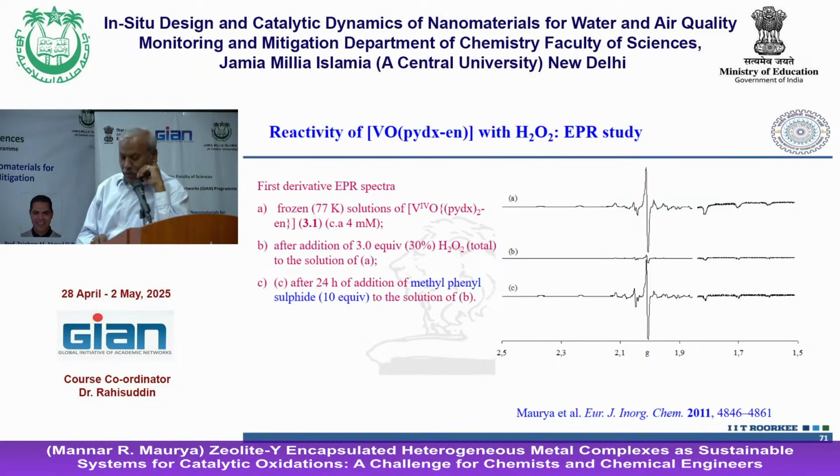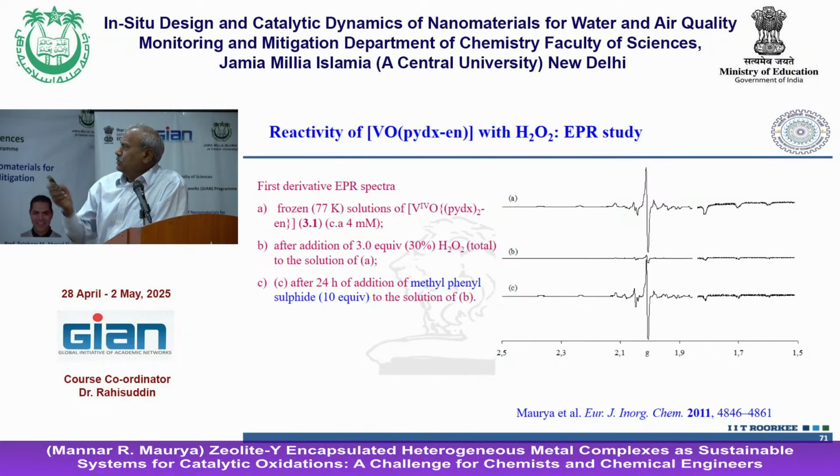So if the compound is not exposed to oxygen, it remains in plus 4 oxidation state, and if you add the calculated amount of H2O2 and, of course, the methyl phenyl sulfide, you should be able to see the conversion going back to the vanadium 4 compound, not vanadium 5. The only thing is you have to add a small amount of H2O2, then you should be able to see such kind of changes.